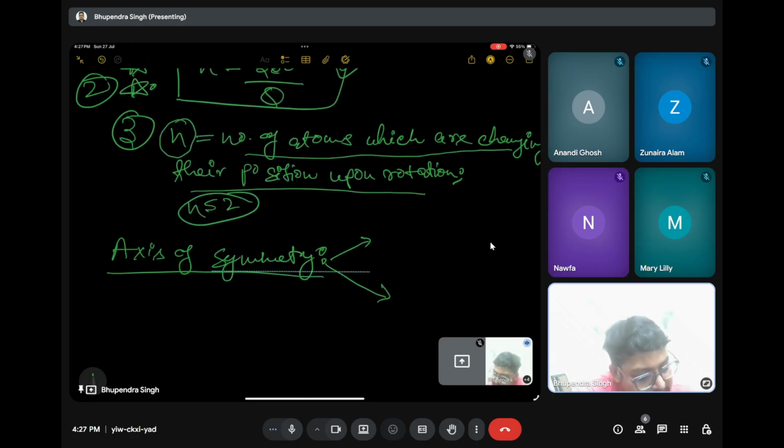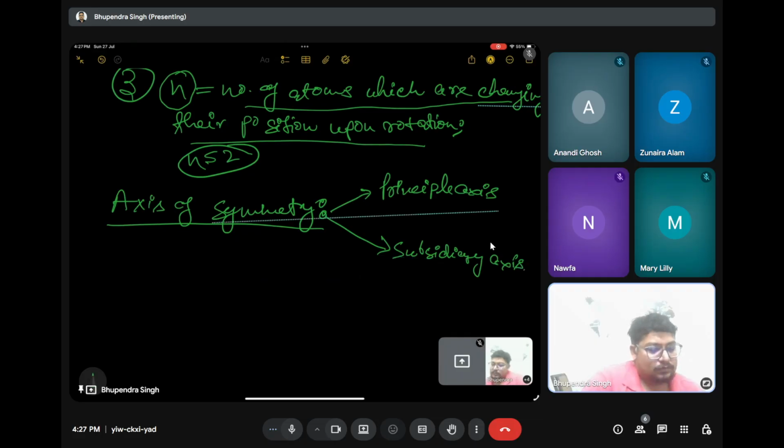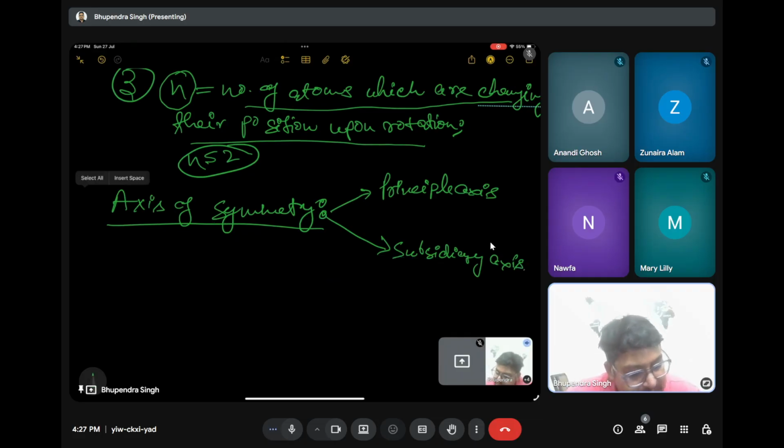So how to actually visualize which one is your principal axis and which one is the subsidiary axis? This principal axis should be the axis of highest order.